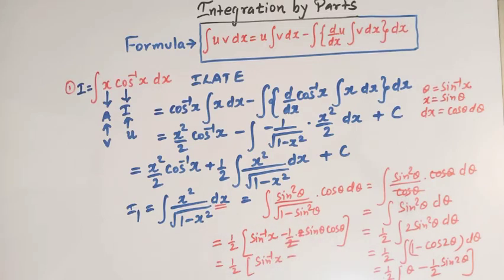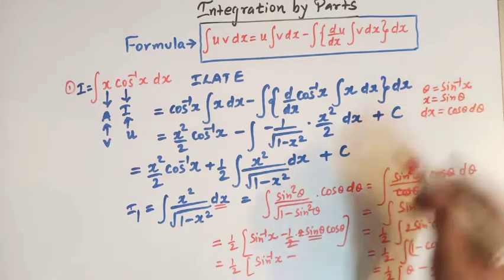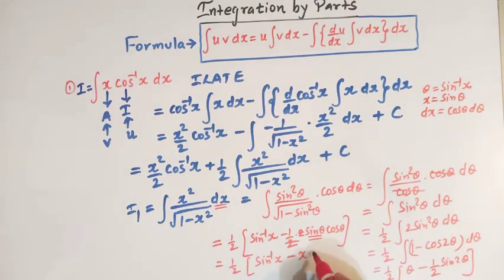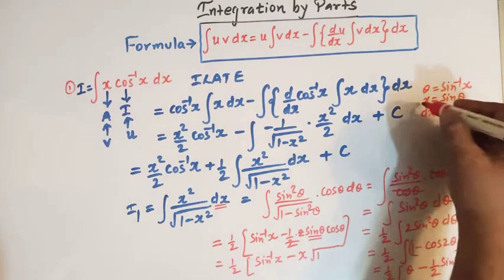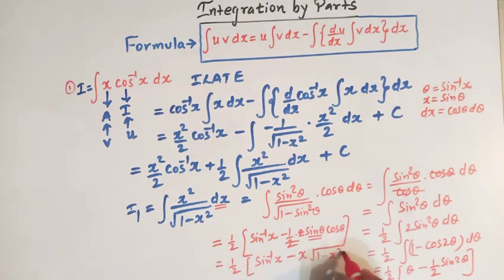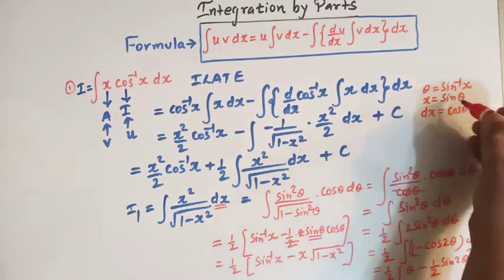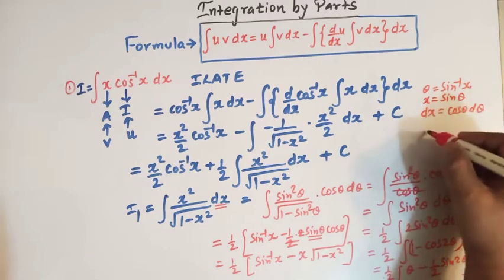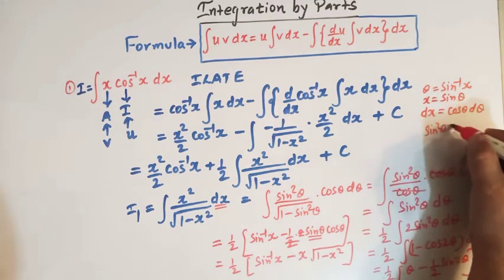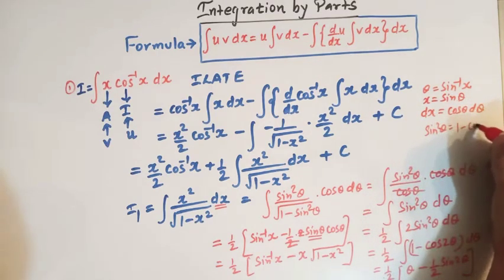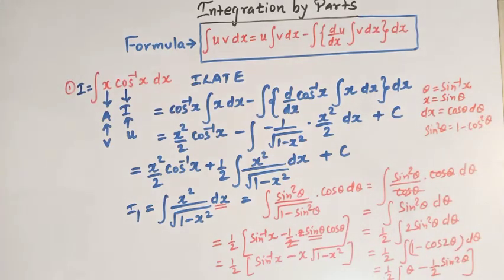So this is half, sine inverse x, minus, 2 and 2 get cancelled. We have, for sine theta we have x, and for cos theta we can write square root of 1 minus sine square theta. Sine square theta is x square, right? Okay, because here cos square theta is 1 minus sine square theta, right?